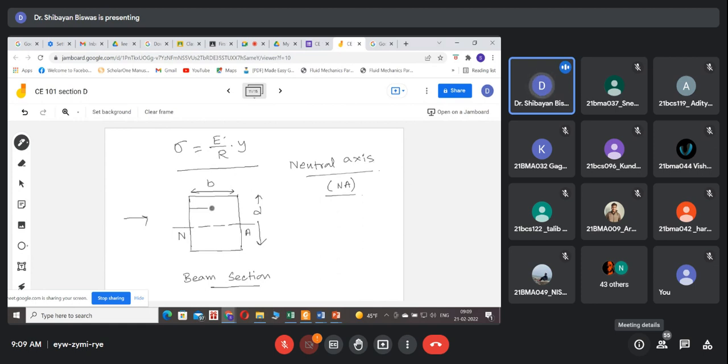Suppose we now consider an elemental area here, say dA, which is y distance away from this neutral axis. What is the stress in this elemental area?